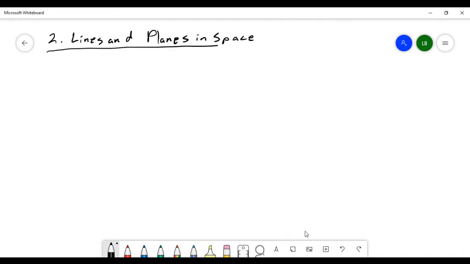We'll start by talking about lines. There are 3 ways to write an equation of a line, and those are parametric forms, symmetric forms, and a vector form.